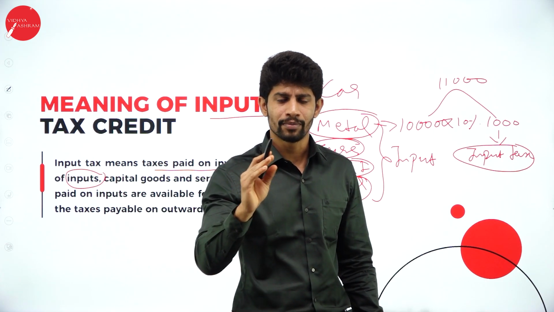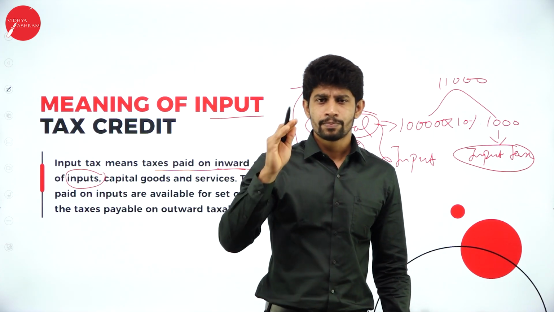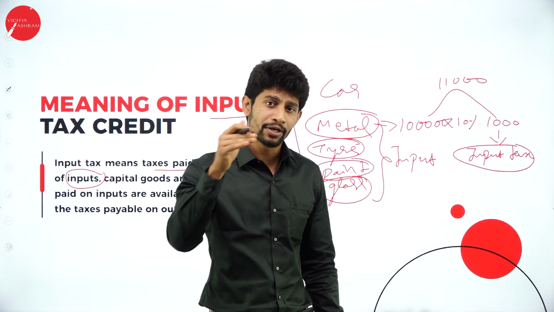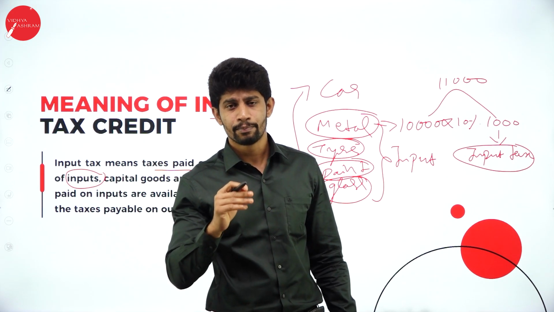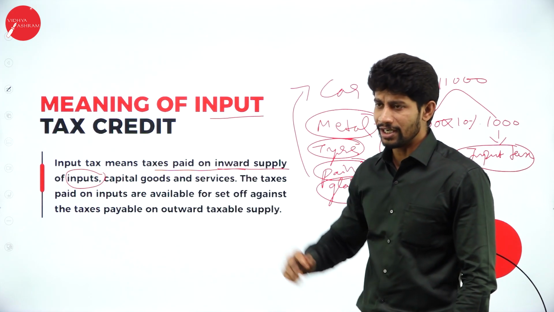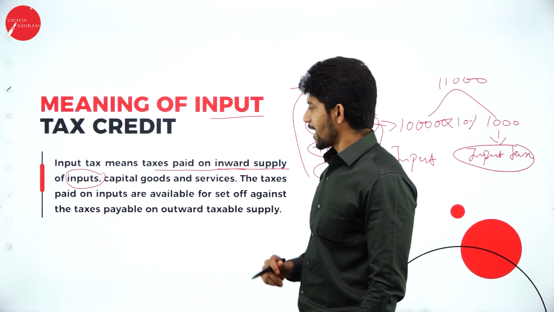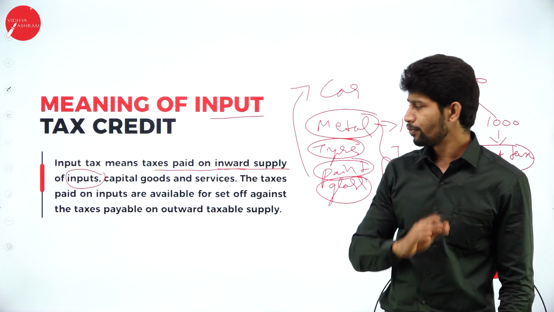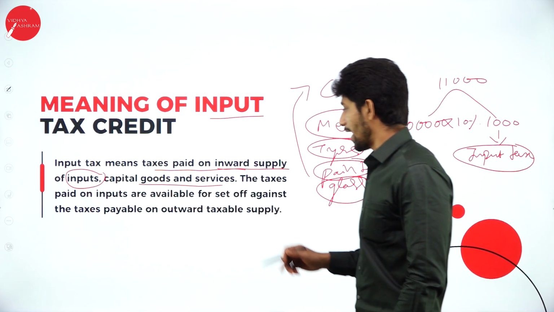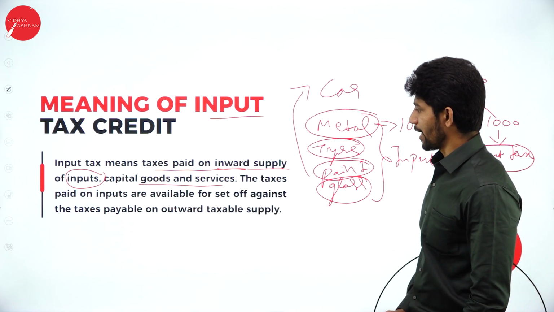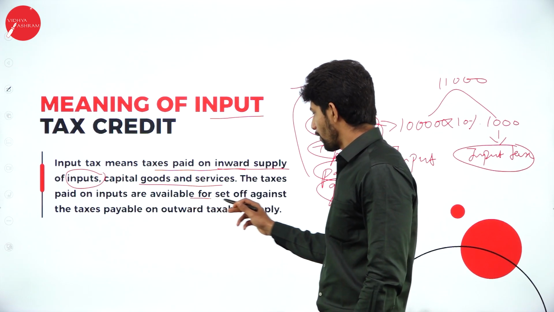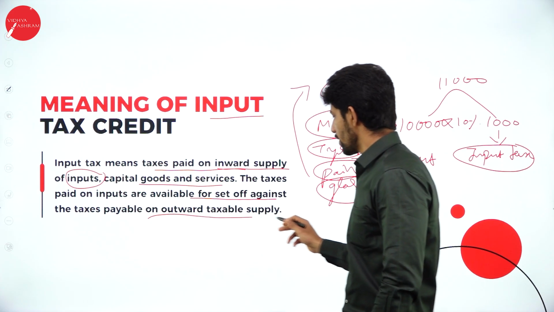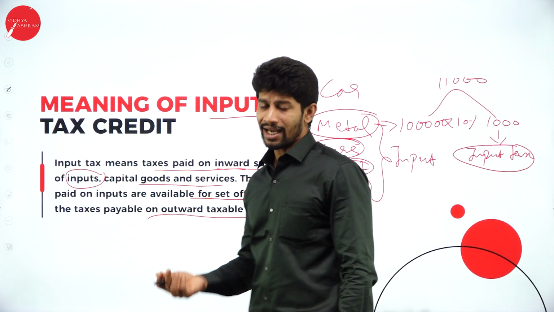So that is what the statement says: input tax means taxes paid on inward supply of inputs, capital goods and services. The taxes paid on inputs are available for set off against the taxes payable on outward taxable supply.